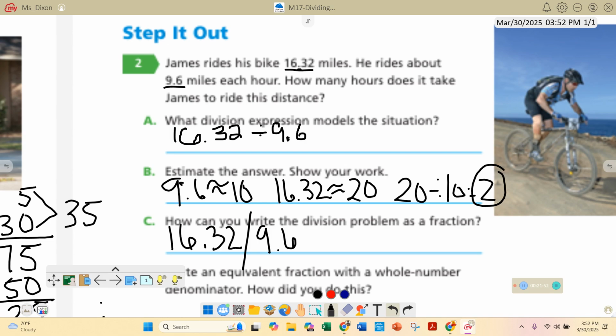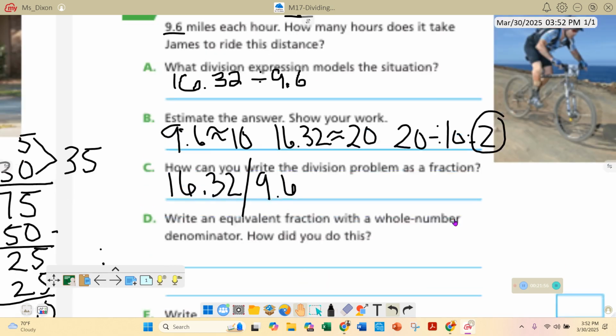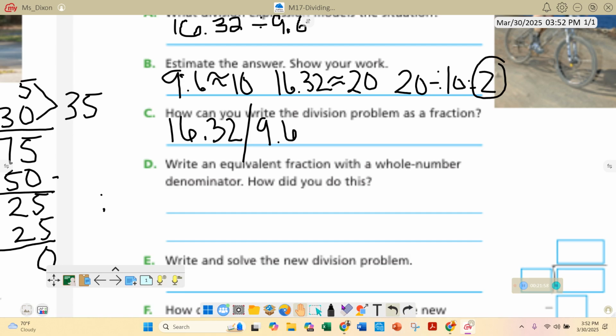All right, so now in question D, we want to write an equivalent fraction where our denominator is a whole number, but not both numbers. Remember, we always start by getting that denominator to a whole number first.